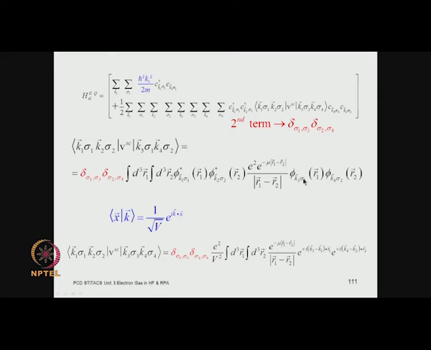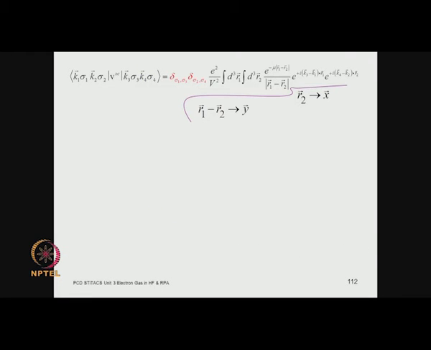K3 comes with a positive sign, K1 comes from this complex conjugation, so it comes with a negative sign, which is why you have K3 minus K1 here, and likewise you will have K4 minus K2 because K2 is coming from the complex conjugate. Okay? So, those are the terms that we are going to work with.